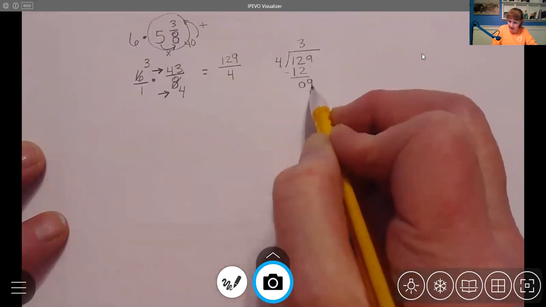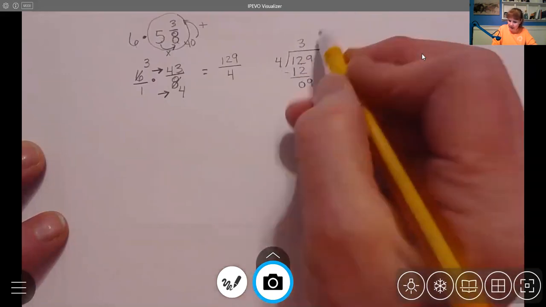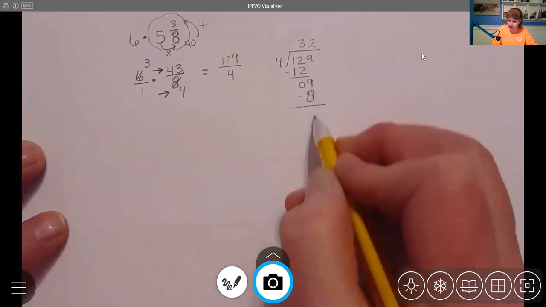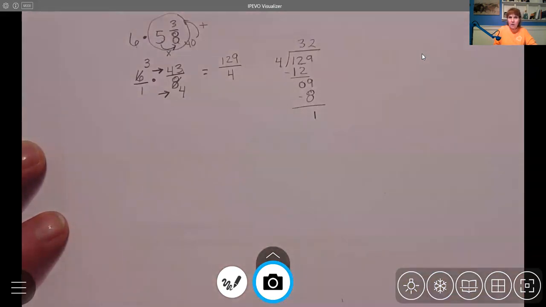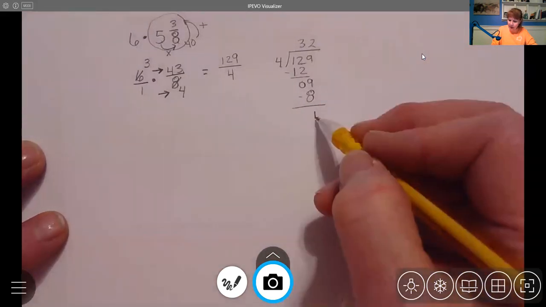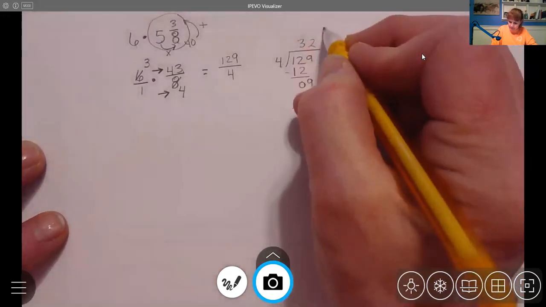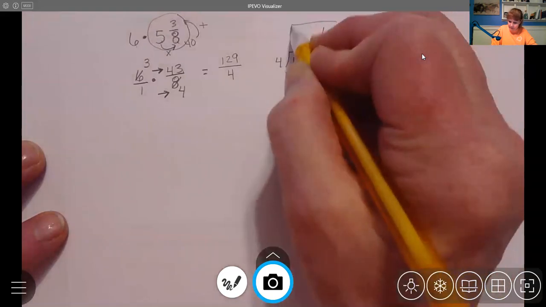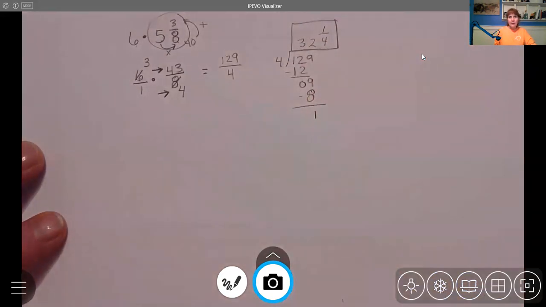Bring down the 9. 4 goes into 9 just twice. Well, it looks like we're going to have 1 left over. So we have 32 and 1/4. You put the remainder over the divisor. And there's your answer, 32 and 1/4.